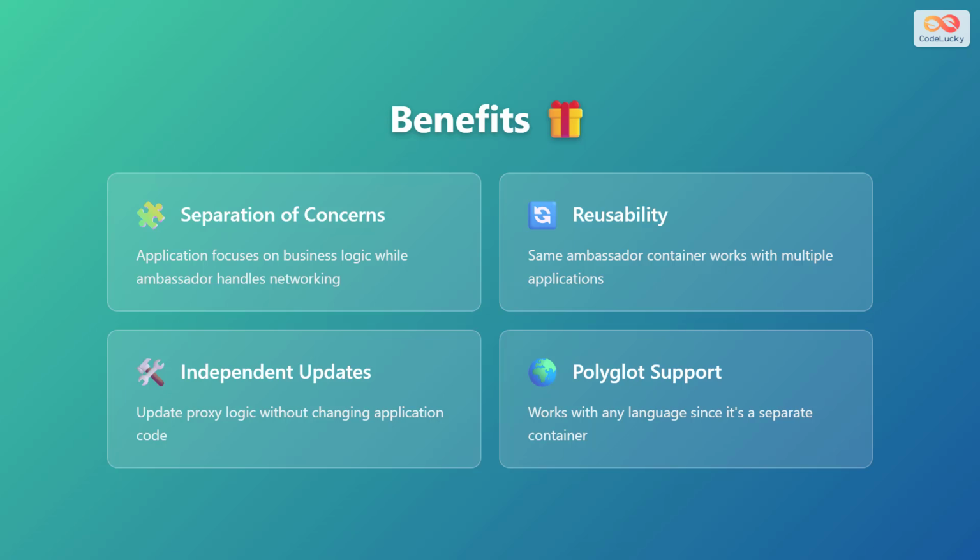You can update proxy logic or networking policies without touching application code, enabling faster deployments and reducing risk. Fourth is polyglot support. Because the ambassador is a separate container, it works with applications written in any programming language. This makes it ideal for heterogeneous environments where different services use different technology stacks.